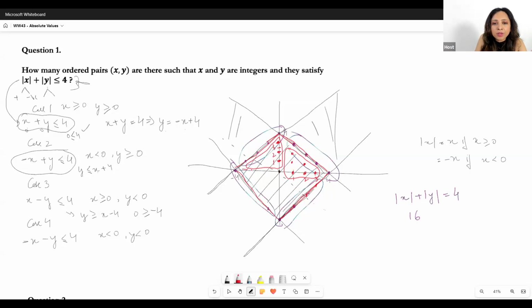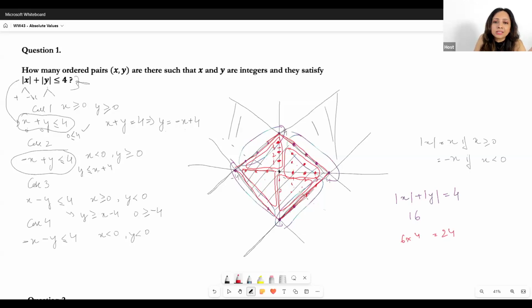Then I'll have similarly 6 points in my third quadrant where I include these points and I include these points on the axis as well. And then it will be my fourth quadrant over here where I include these points on the axis and then these points which are inside. So 6, 6, 6, and 6. So I get 6 into 4, that is equal to 24 points lying over here.